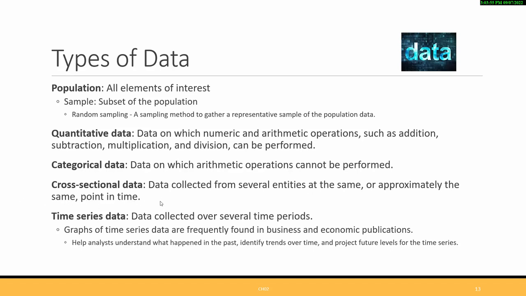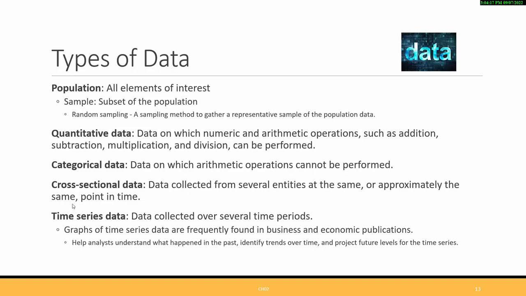Going back to my previous example, if I ask 300 App State students about the rent they are paying, and I do it just once and never again, this would be cross-sectional data. I have asked 300 different entities at one point in time, that is today.